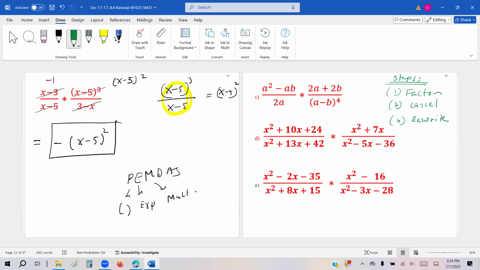If 2A plus 2B. But what about the A? I didn't use it. You cancel.